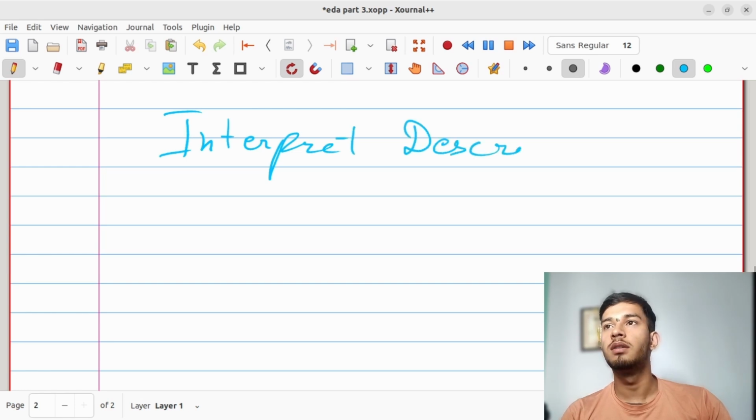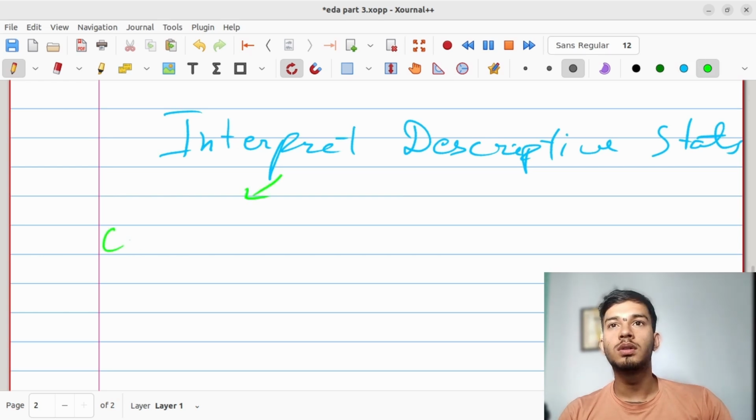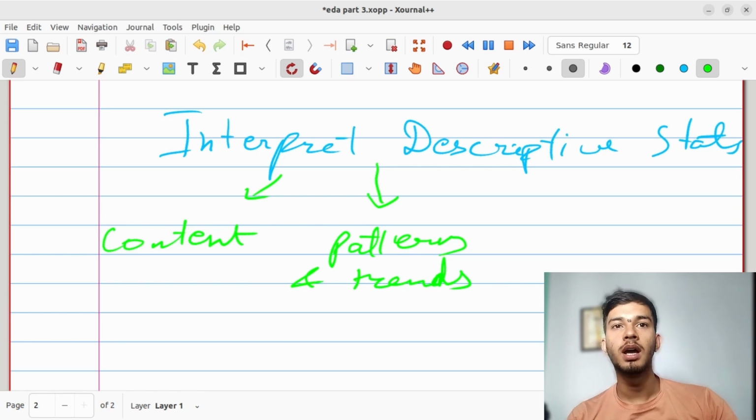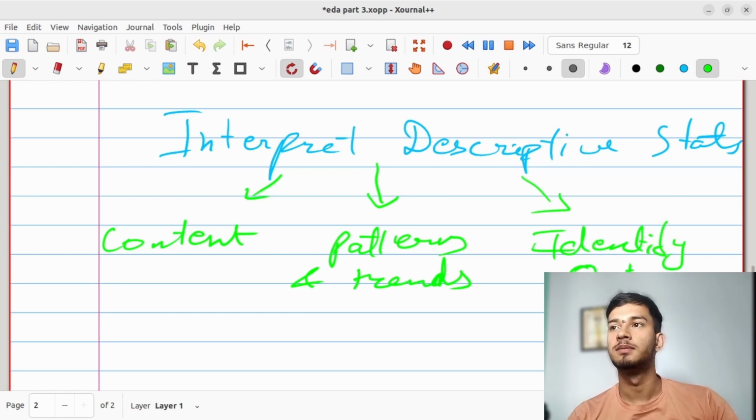Observe how different statistics relate to each other and to other variables, right? And at last, you also have to identify outliers in this process of descriptive statistics. Values that deviate significantly from the majority might require further investigation, right?